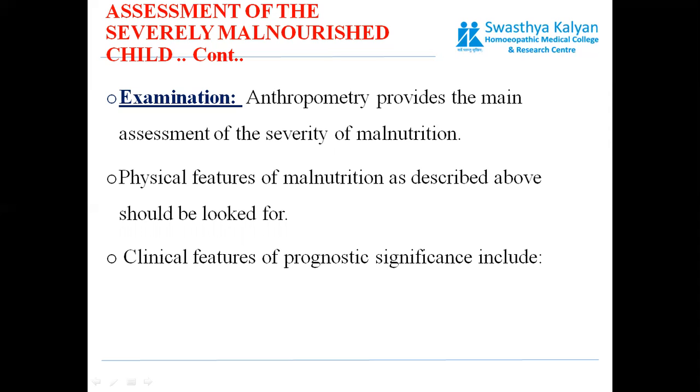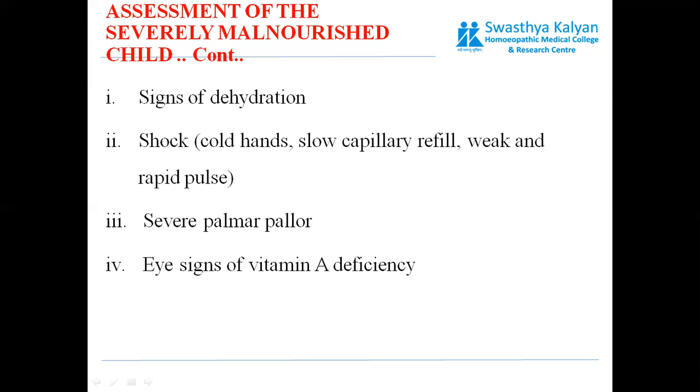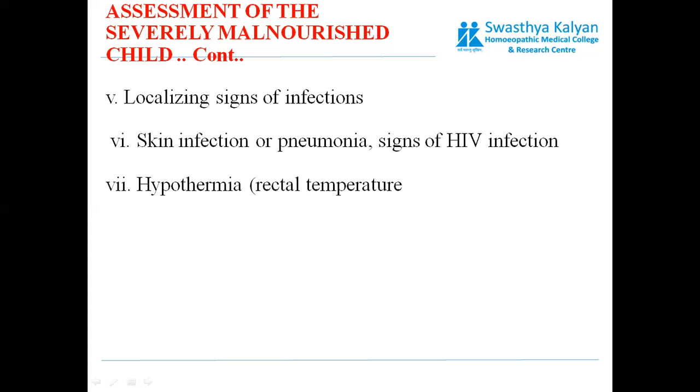Then clinical features of prognostic significance include signs of dehydration, then signs of shock, for example cold hands, slow capillary refill, weak pulse, rapid pulse, then severe palmar pallor, paleness over the palms, then eye signs of vitamin A deficiency, then localizing signs of infections, such as skin infections or pneumonia or signs of HIV infection, then fever, temperature more than 99 °F, then hypothermia.